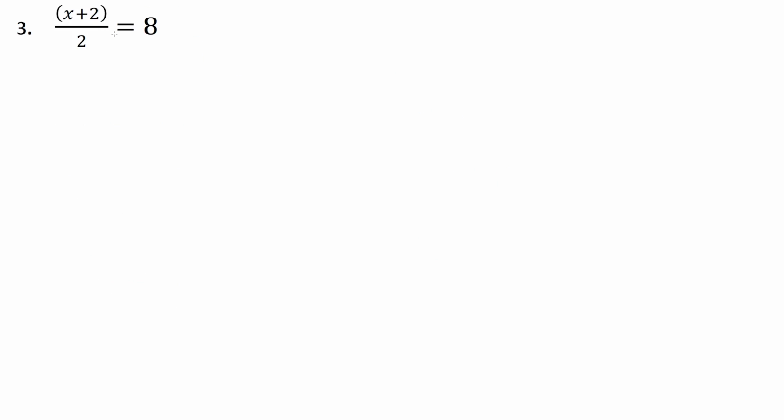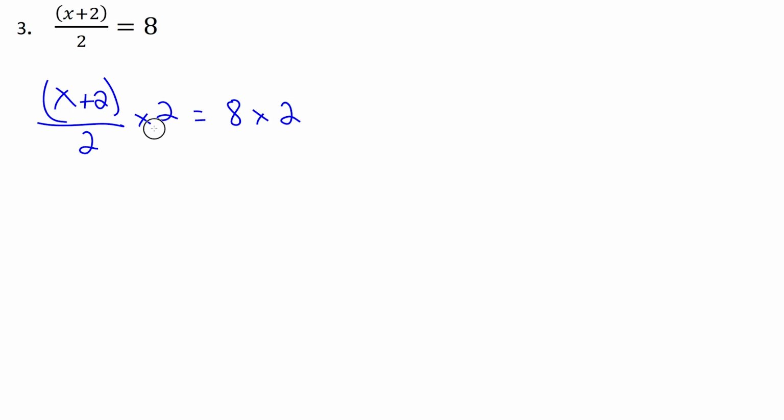So remember, brackets will be what comes last because under normal order of operations, they happen first. So that means we'll do them last. So we'll get rid of the division by 2 first, and we're going to do that by multiplying by 2. So over 2, but then we're going to multiply by 2 is equal to 8 times 2.